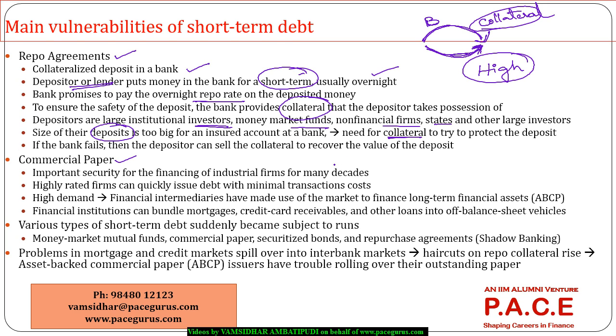When they borrow for a very short term, they do so using repurchase agreements, the typical repos. The other source of short-term borrowing for banks and various financial institutions is commercial paper. It's an important security for financing of industrial firms for decades.